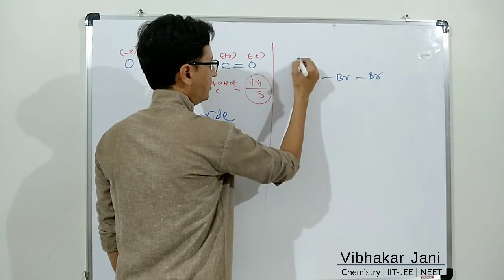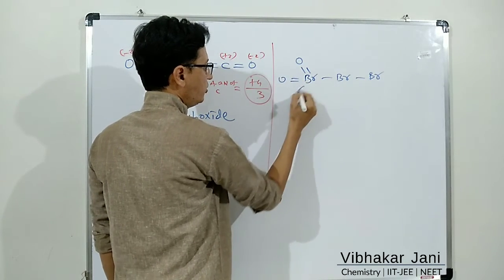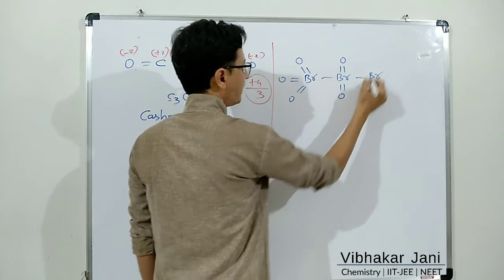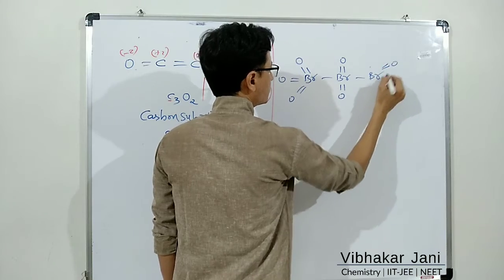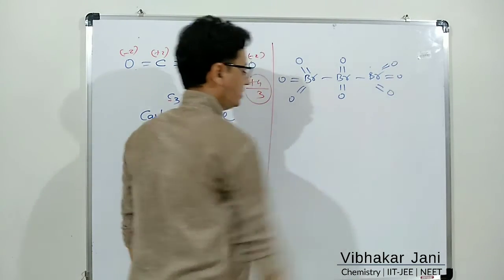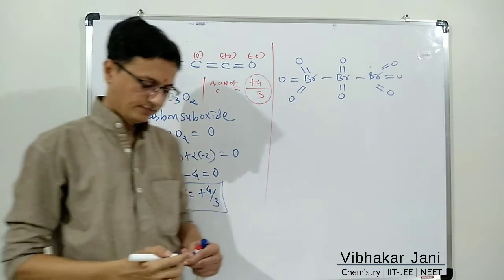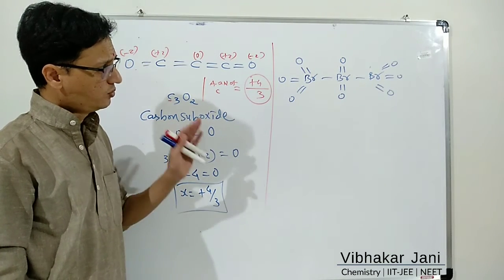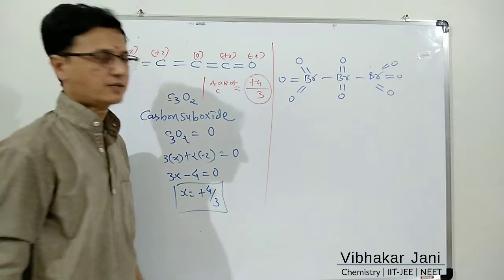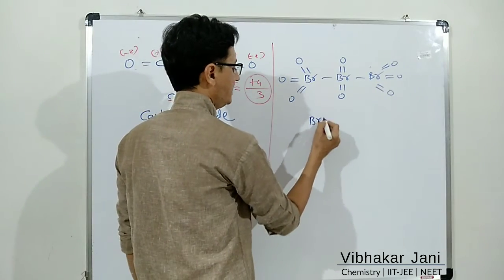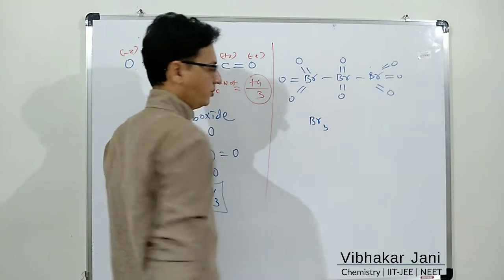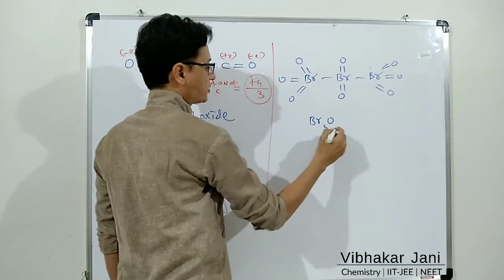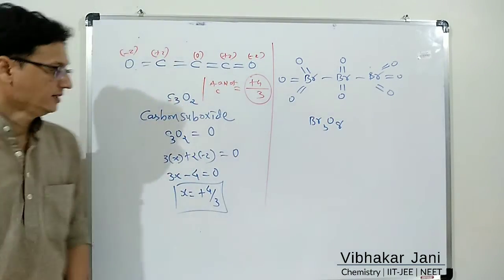Br, double bond O, double bond O, double bond O. Here also double bond O, and here also we have the O. Now, if you write the molecular formula for this compound, then it will be Br3O8, as there are 3 bromine and 3 plus 3, 6 plus 2, 8 oxygen.